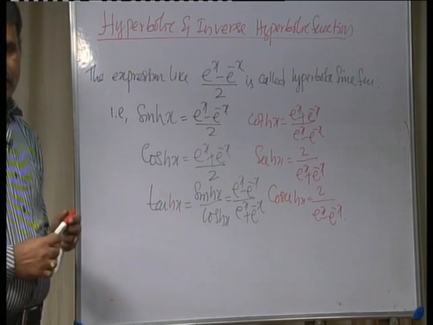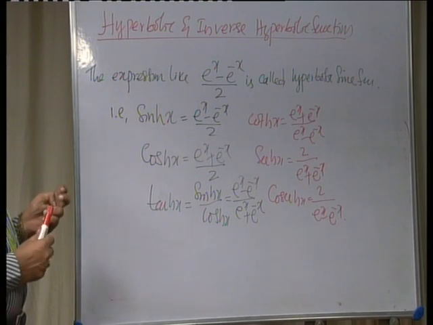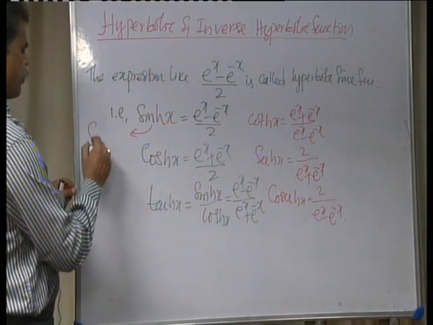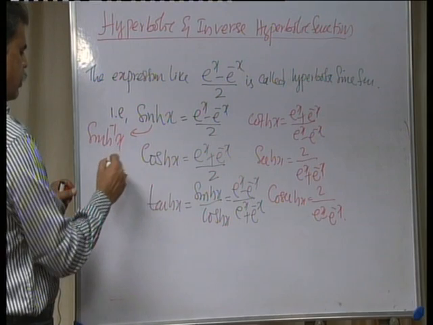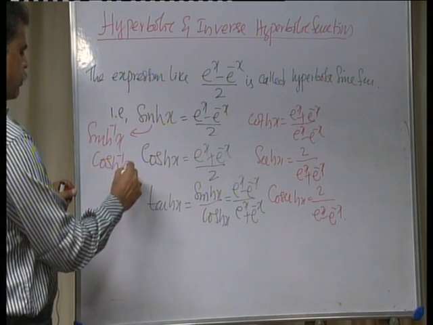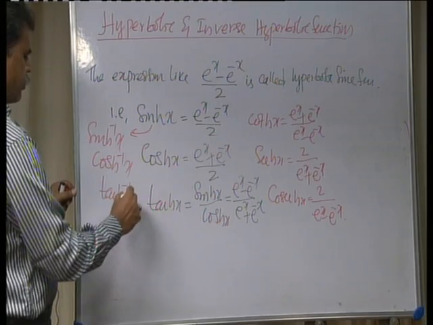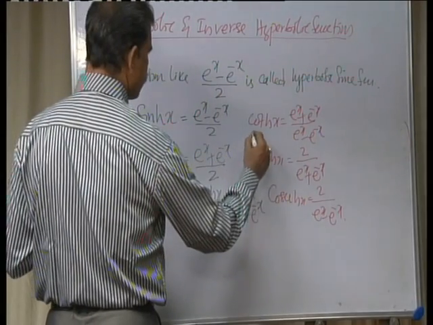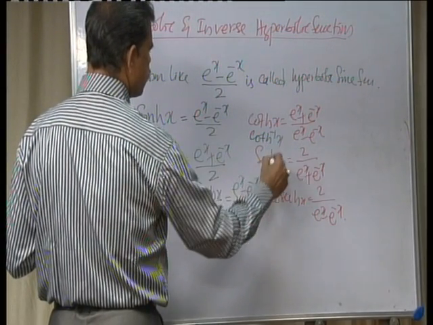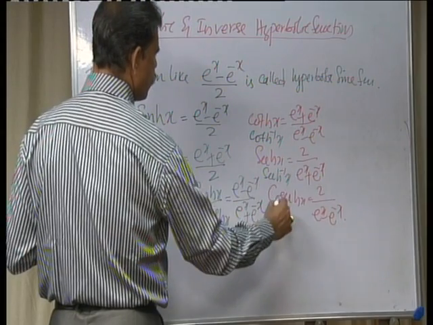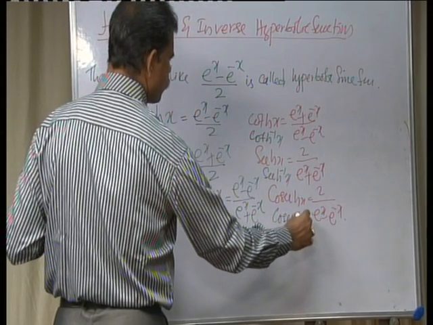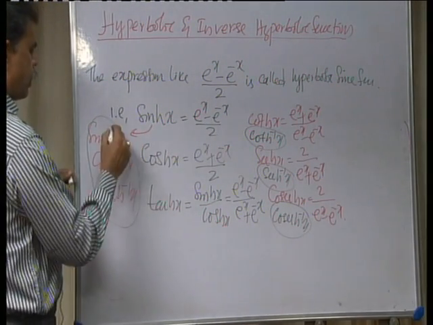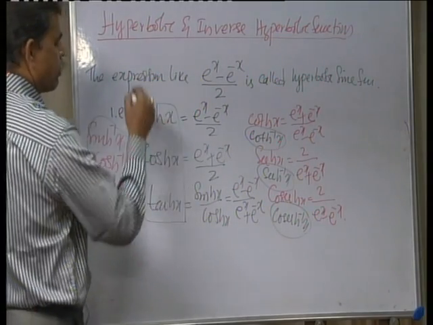Then how to get the derivative of this type of function? As we know, for this the inverse is what? Sin h inverse x, cos h inverse x, tan h inverse x, cot h inverse x, sech inverse x, cosech inverse x, they are all said to be inverse hyperbolic functions, and the others are the hyperbolic functions.